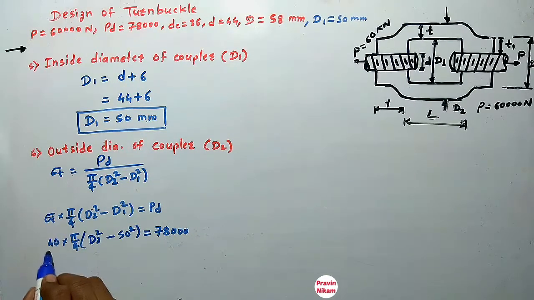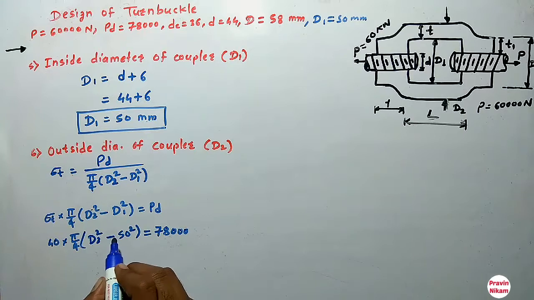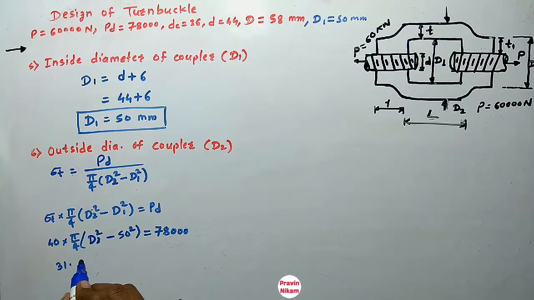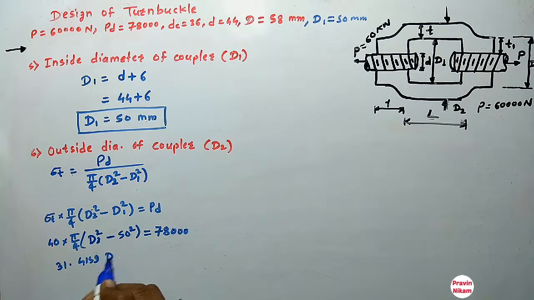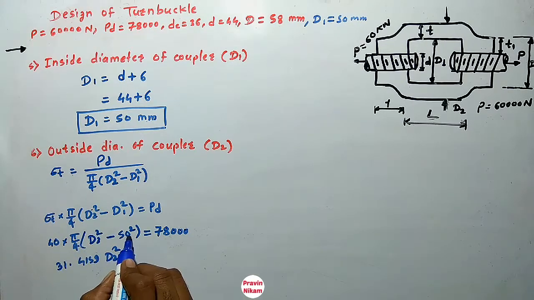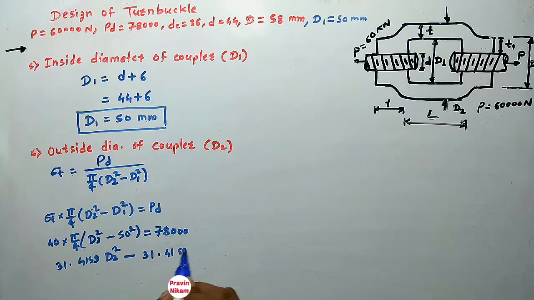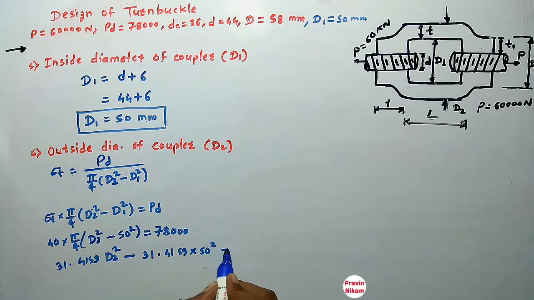Now multiply by this value in this bracket, you will get 31.4159 D2 square minus 40 into pi by 4 into 50 square. This value, 40 into pi by 4, is 31.4159 into this 50 square, is equal to 78,000.